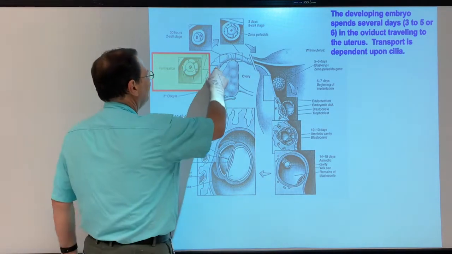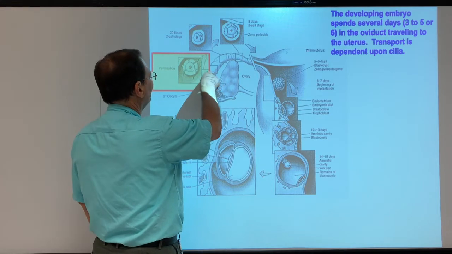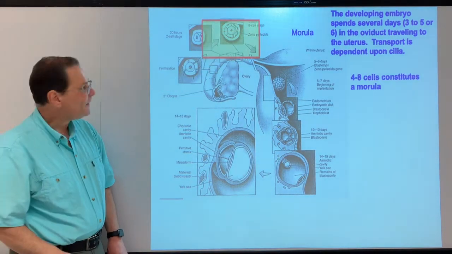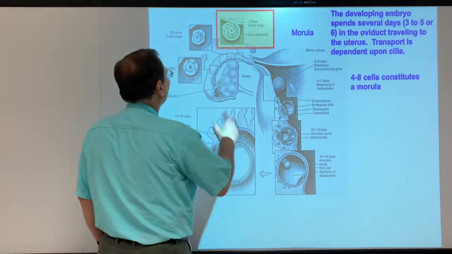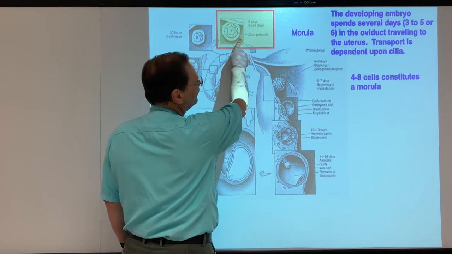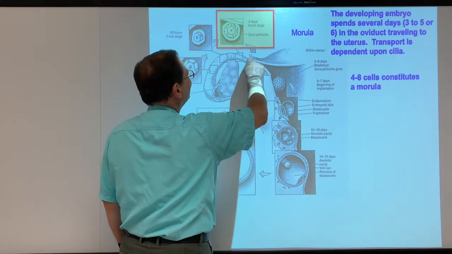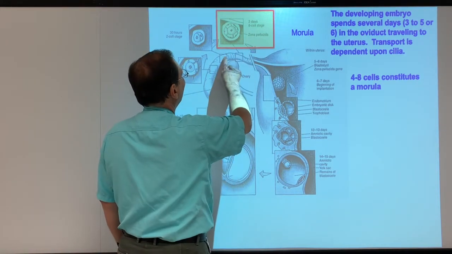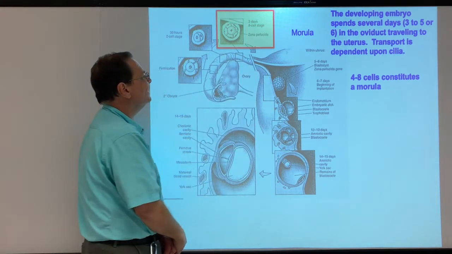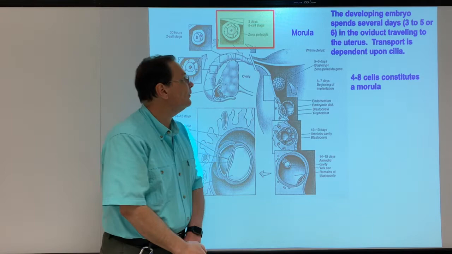Fertilization, if it's going to take place, takes place just a little ways down the oviduct here, and we just described that. And then the cell begins to divide, and we have a 2-cell stage, and by the time we get to the 4 to 8 cell stage, a morula has formed, and at the same time you'll notice the fertilized oocyte has traveled further down the oviduct.